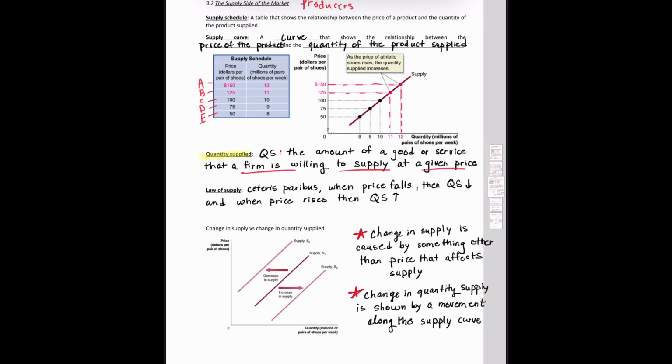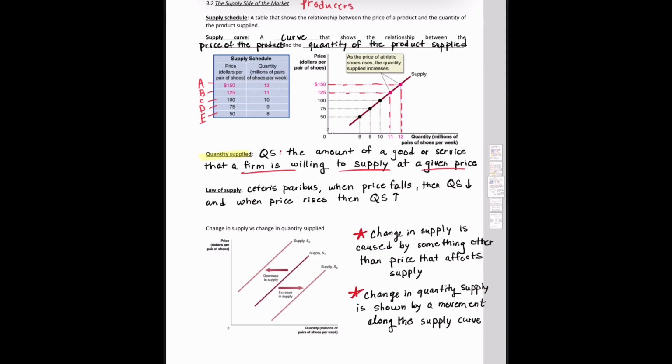Remember, we're thinking about the producer side of things now. And the law of supply that governs our supply curve and supply schedule, ceteris paribus, says as the price falls, quantity supplied will fall. When the price rises, quantity supplied will rise. There's a direct relationship between price and quantity supplied, which makes sense.